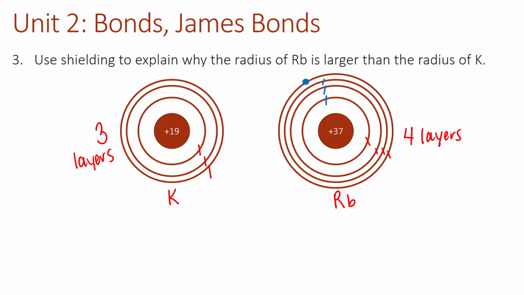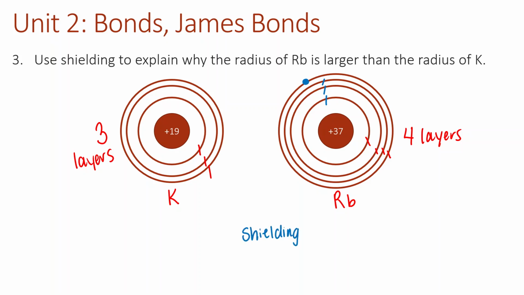So because of that, the attraction is weaker between those valence electrons and the nucleus. There's all this shielding blocking those electrons from the nucleus. So this shielding makes the attraction between the valence electron and the nucleus a little bit weaker, which makes the radius just a little bit larger.